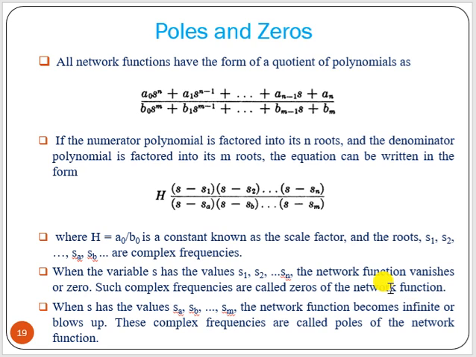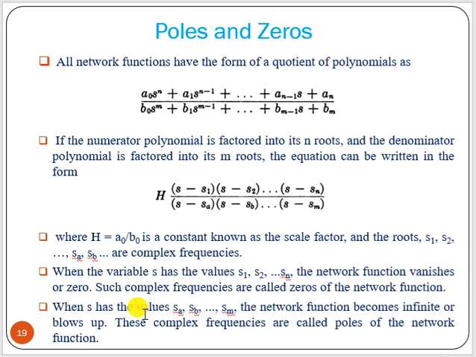Now for the two polynomials factorized, for the variable s having the values s1, s2, up to sn, the network function vanishes or becomes 0. Such complex frequencies are called zeros of the network function.